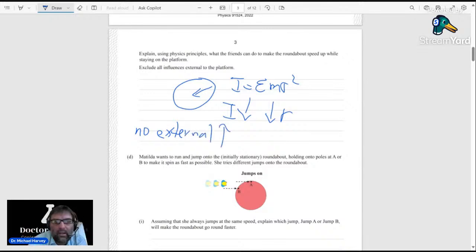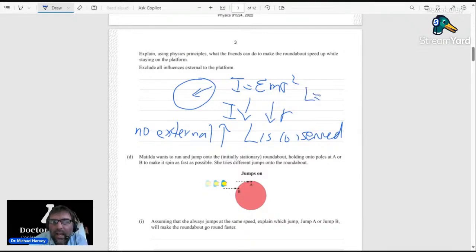That means that L is conserved. So what is L? It is the angular momentum. That's why it is conserved. I'm running out of room again, must do a better job at that.